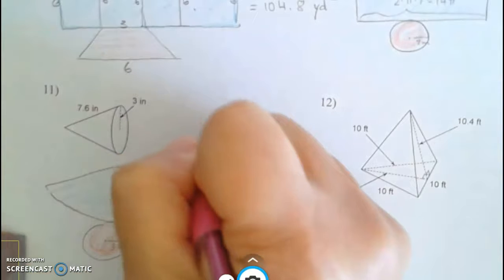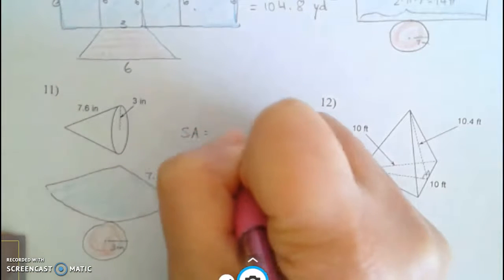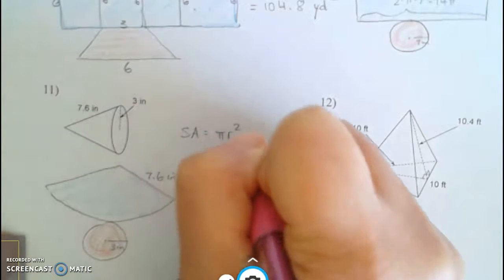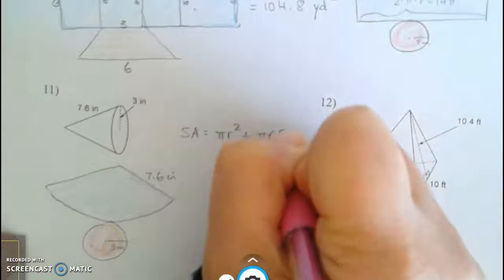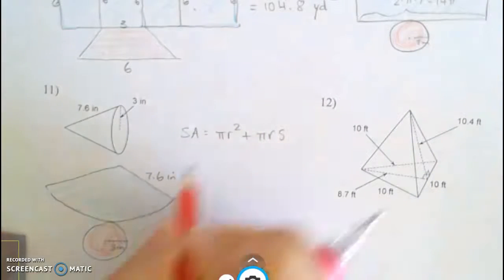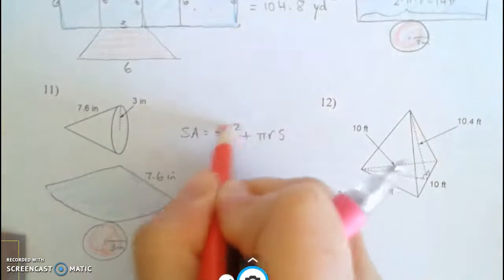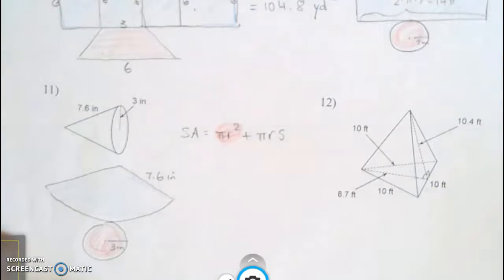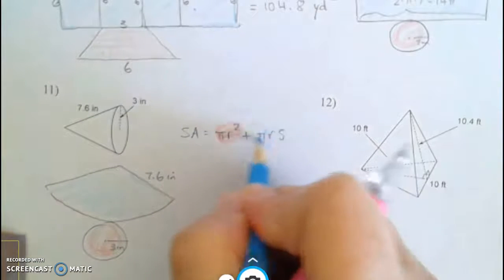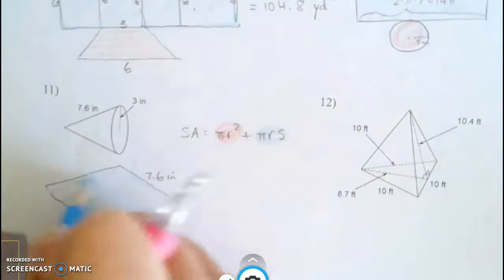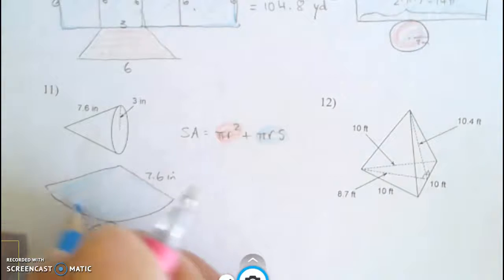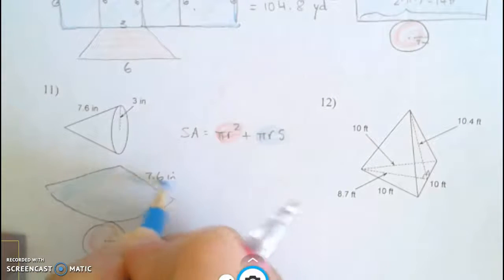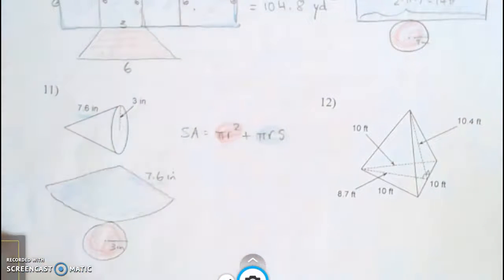Okay, all right, so the surface area is given by the formula pi r squared plus pi rs. Pi r squared refers to the area of the base, and pi rs refers to this sector of a larger circle with the radius of the slant height.